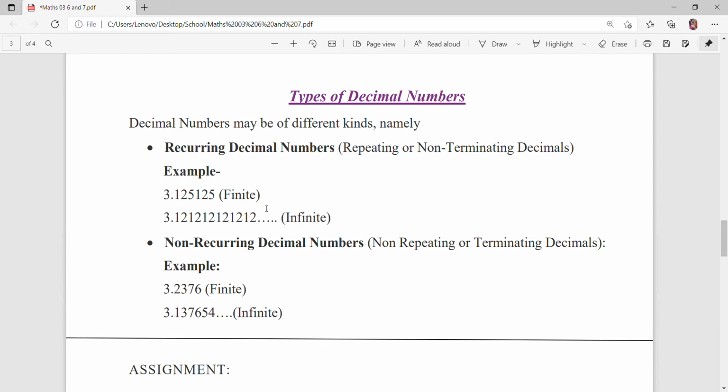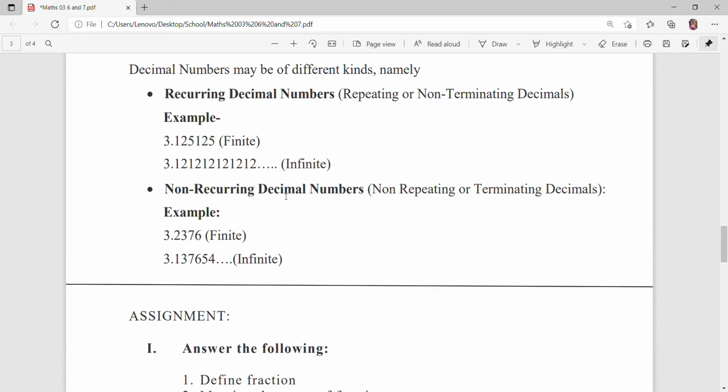Okay, next, non-recurring decimal numbers. That means the vice versa of recurring decimal numbers. Here it repeats; here non-recurring means it can't repeat, not repeating, non-repeating. Example, 3 point... Can I read this as 2376? No, we can't read like that.